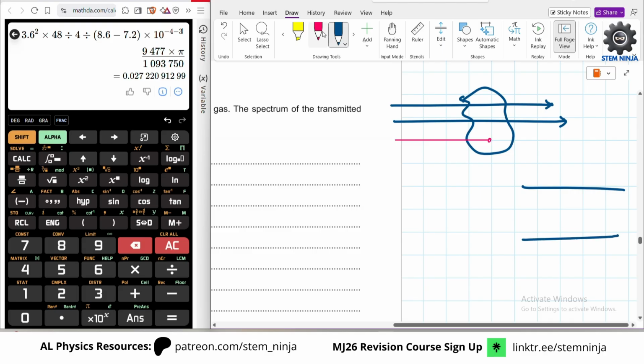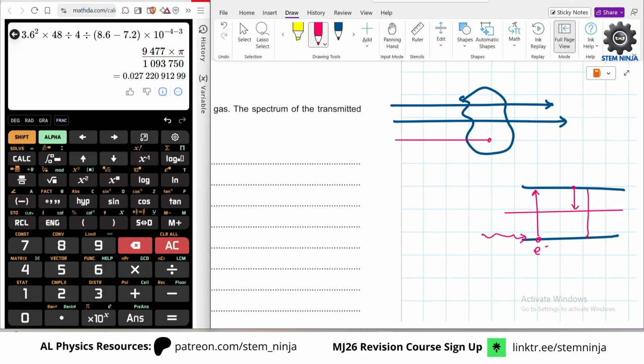So for example, you have this electron over here. When it absorbs a photon, it jumps to a higher level. That means it excites. But since this is an excited state, it will want to return to a lower energy level. Maybe there's an energy level in between also, or to a ground state. So either way, a photon will be released.